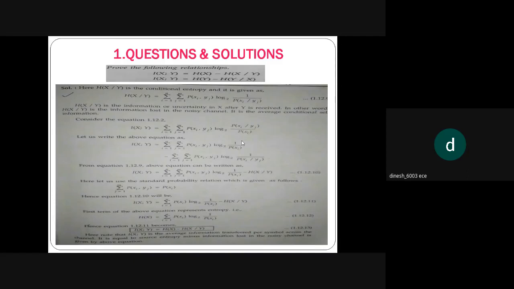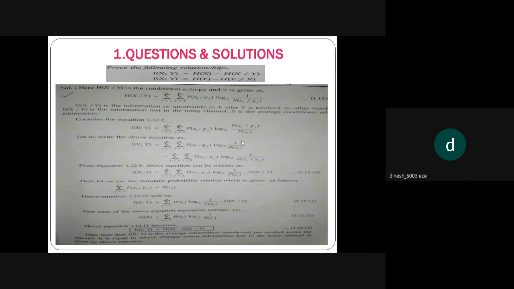So we'll take the mutual information, which is the equation I of x is to y, summation i is equal to 1 to n, summation j is equal to 1 to m, probability of xi yj log to the base 2 of probability of xi by yj divided by probability of xi.